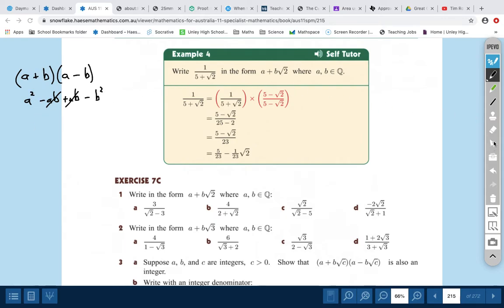Okay, and we've got the same thing happening without variables, without the alphabet getting involved. But if I took this one here, I've got root 2 minus 3. Well, if I multiplied that by root 2 plus 3, I'll get rid of all the surds.